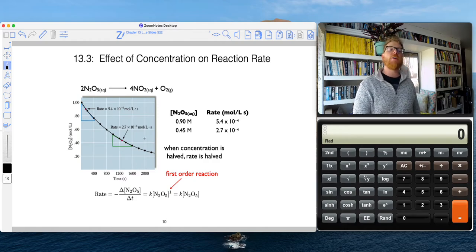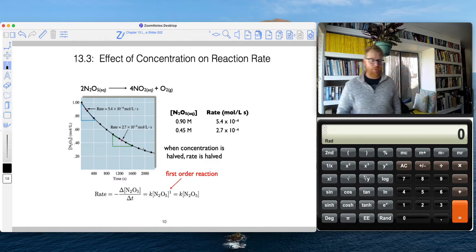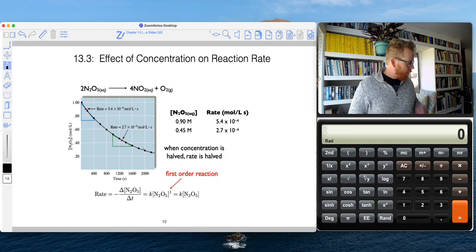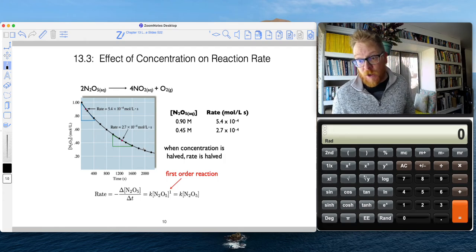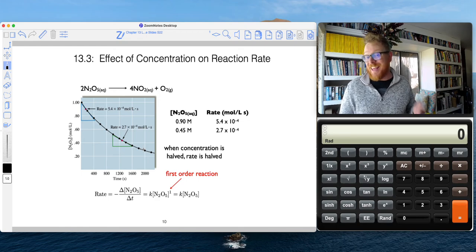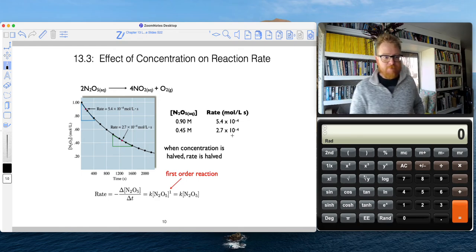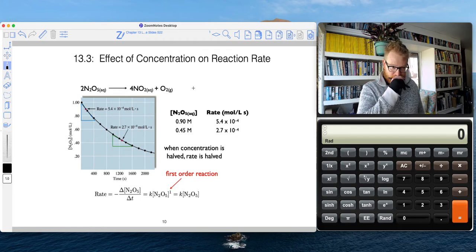Here's another example that I'm going to show you with real data, and this is an example of how we could figure out what the reaction order is. In this reaction, here's the decomposition of N2O5, and you can see it's all balanced out with its stoichiometry.